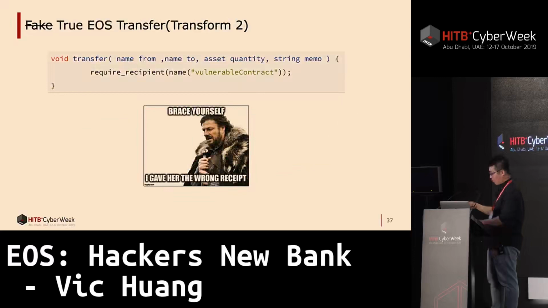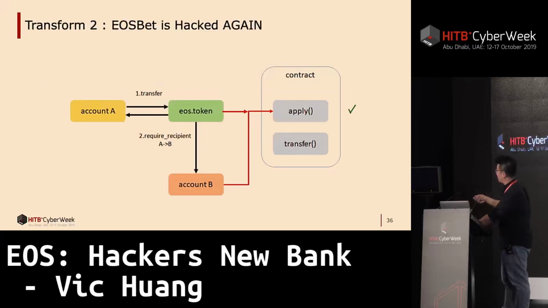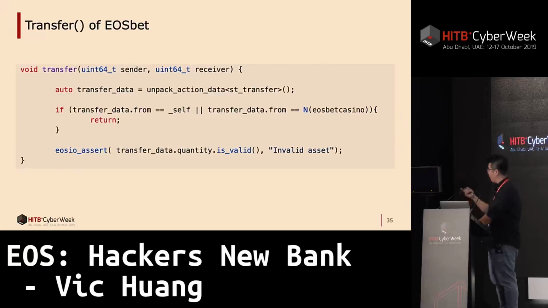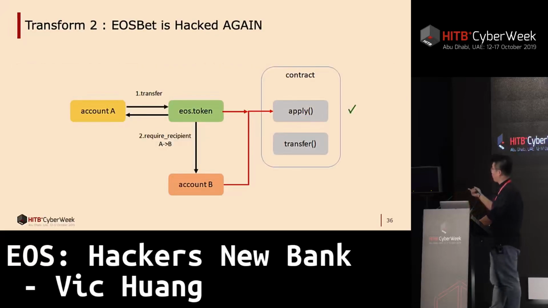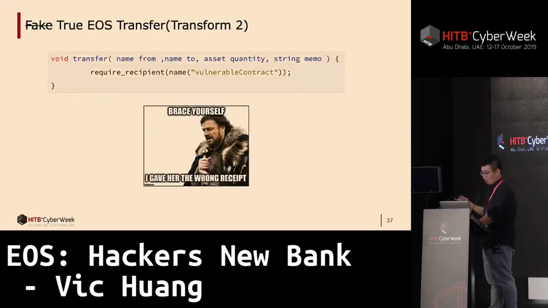So the victim contract sees the required recipients as from account A. So it misunderstands, because in its logic it thinks, oh, account A sent me the bet money, but actually the receipt is for A sending to B. So it's like sending the wrong receipt to the smart contract, and it got hacked.